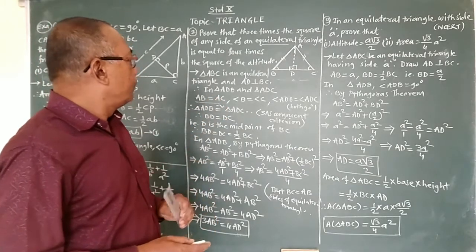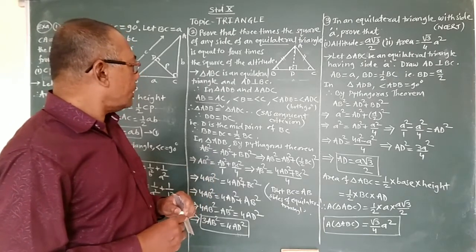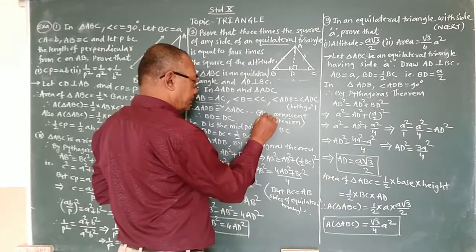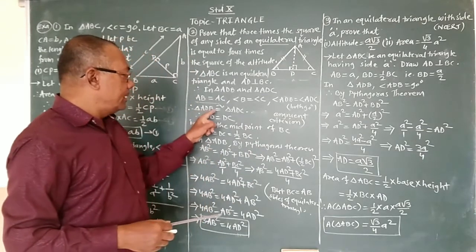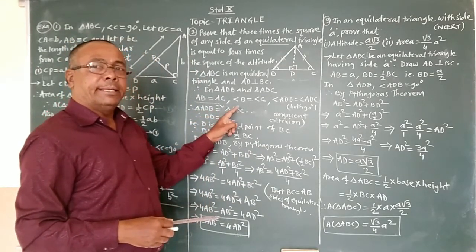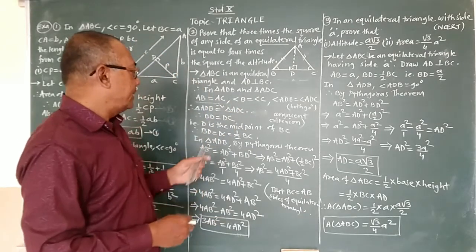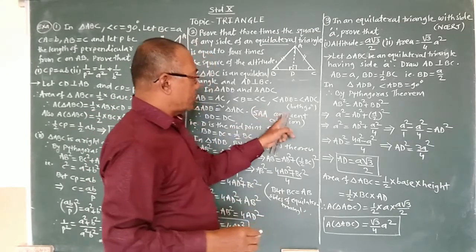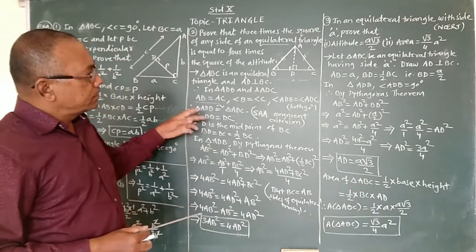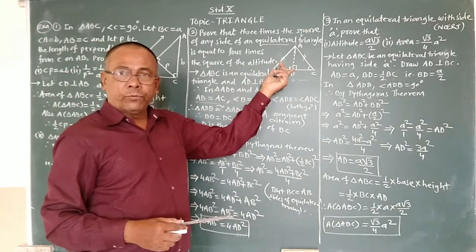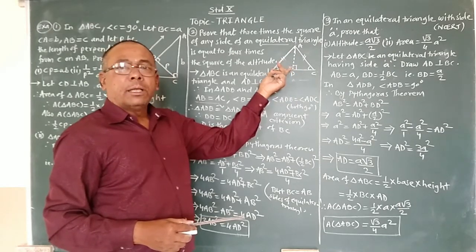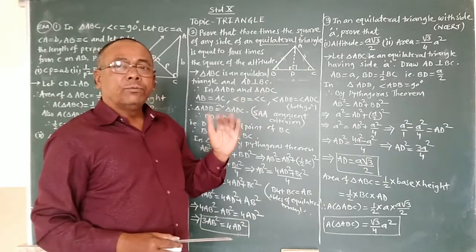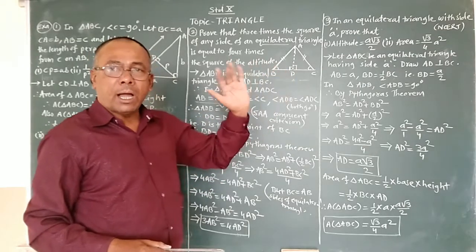So here we can say triangle ADB is congruent to triangle ADC by the SAA criteria, means the two angles of one triangle are equal to corresponding two angles of another triangle, and the side which is not included by these two angles is equal.